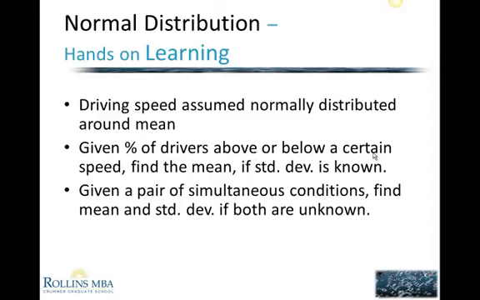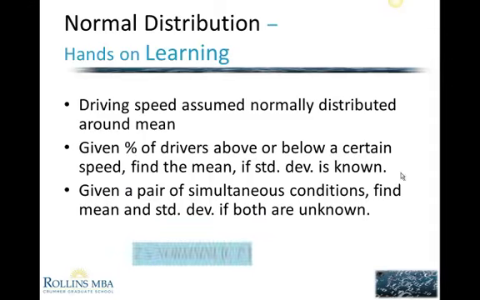If I know the percentage of drivers driving below a certain speed, and I don't know the mean and standard deviation, I can't use that percentage as a cumulative probability to find my actual value, but I could find the corresponding z-value, because I don't need the mean and the standard deviation both to find the z-value from the cumulative probability.